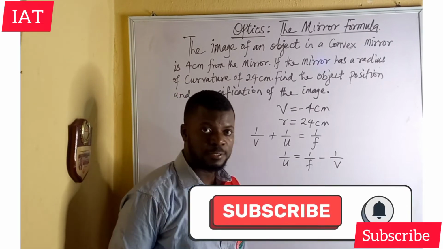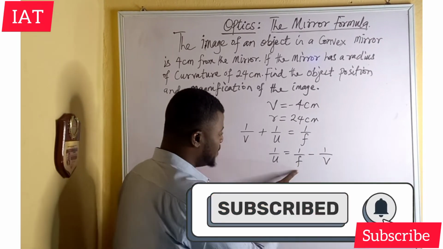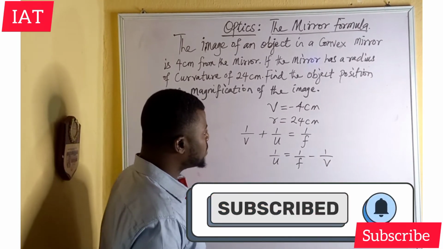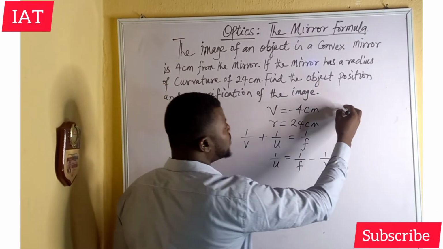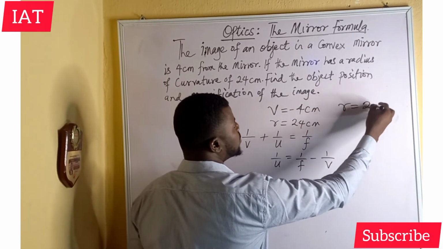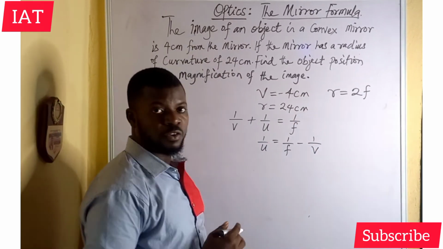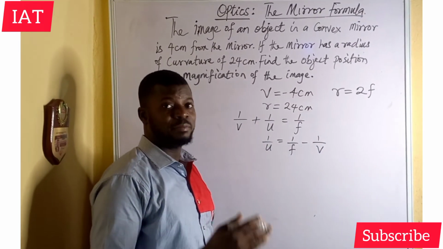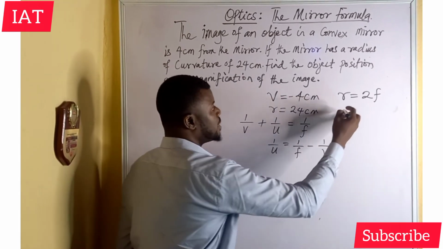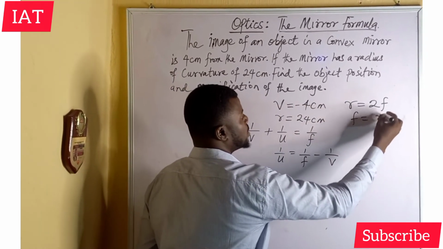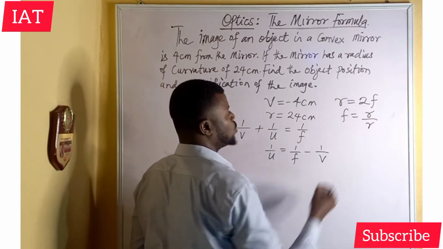In order for us to get f, you just have to note that r is equal to 2 multiplied by f. And if r, the radius of curvature, is equal to 2 times the focal length, it means that the focal length will be equal to the radius of curvature divided by 2.